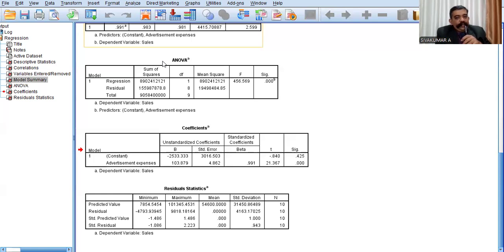Sales is equal to minus 2533.333, which you can see in the B column, plus advertising expenditure multiplied by 103.879. Take the B column of the coefficients table and write the regression equation from it. This is the interpretation of the simple linear regression equation, which involves one dependent variable and one independent variable. Okay, thank you. Stop share.